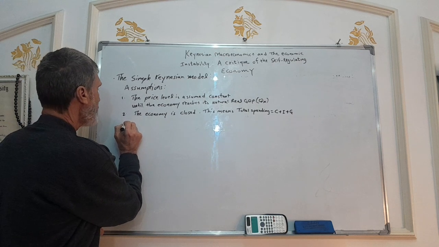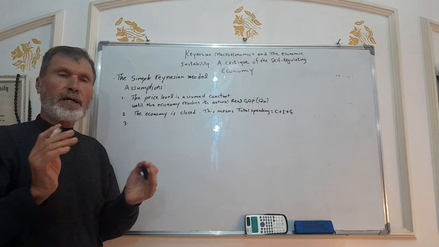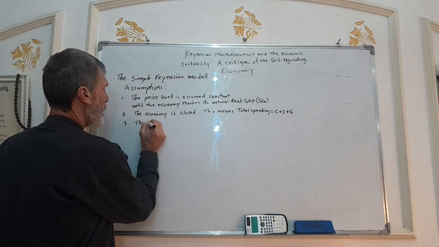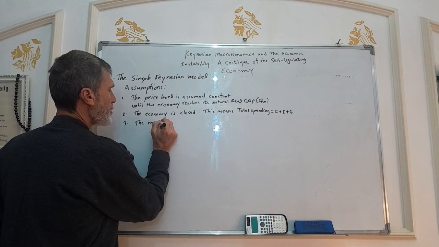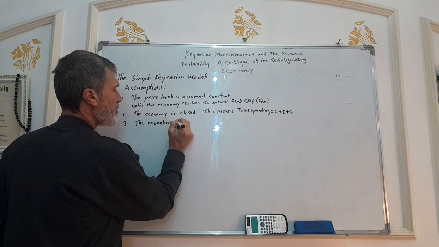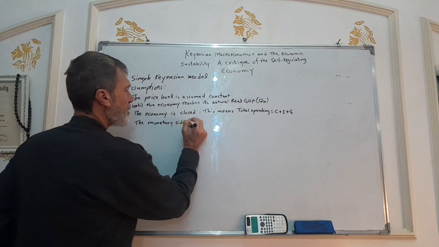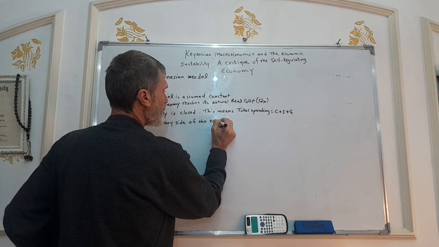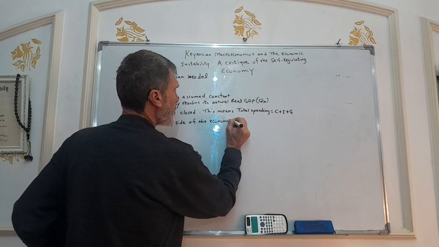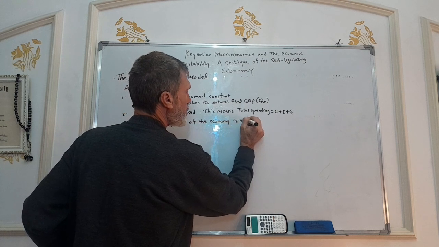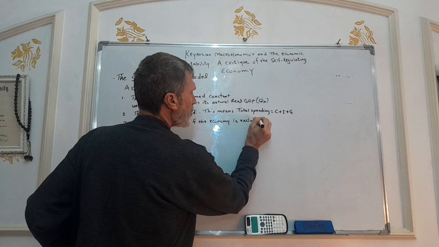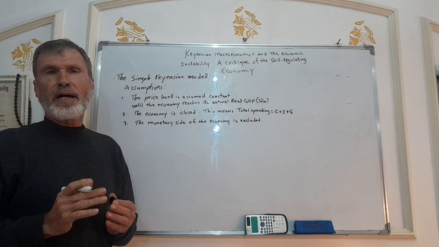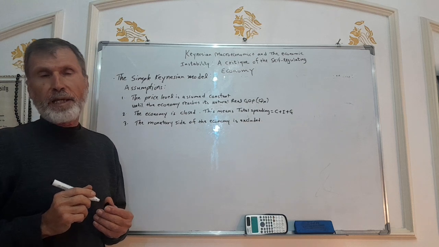Now, the third assumption is that the monetary side is excluded. This means that the central bank has no role to play in the economy.